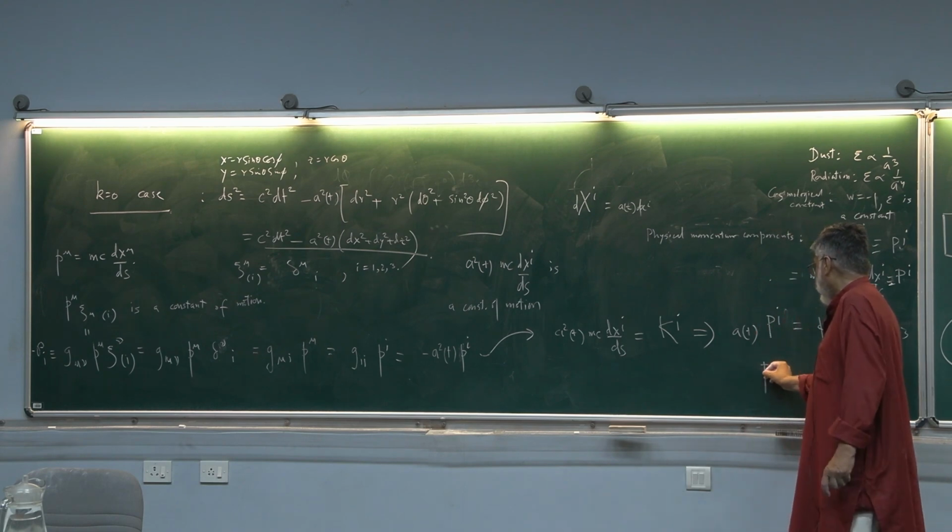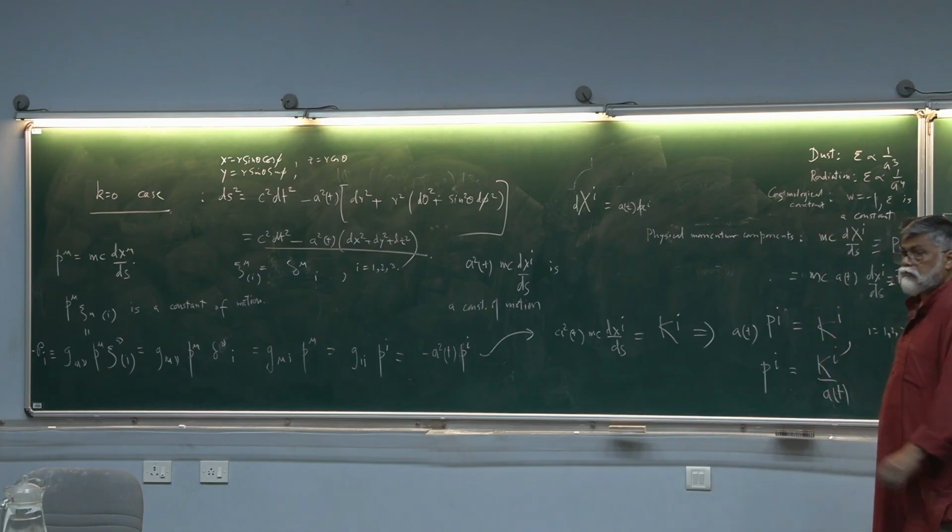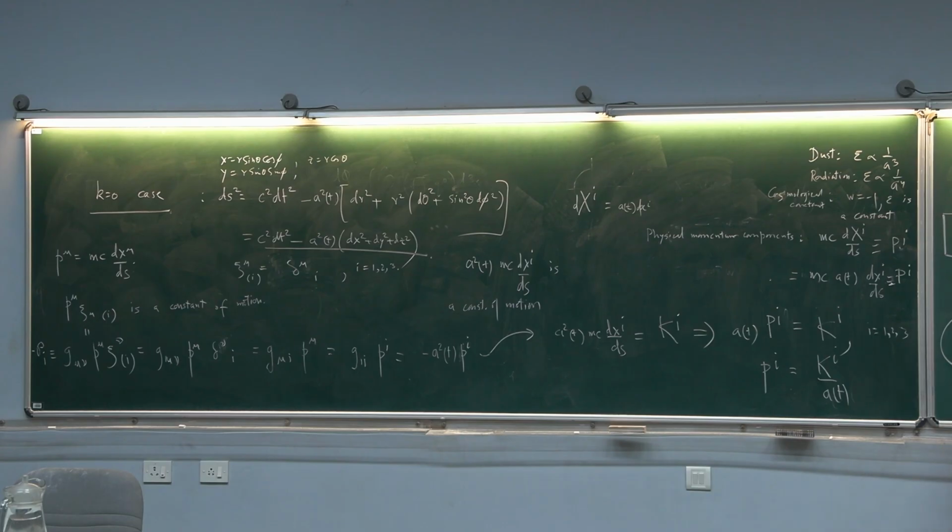So this immediately tells me physical momentum is ki by A of t. So what we have proved from Killing vector analysis is that the physical momentum of particles moving in an expanding universe goes down as 1 over A of t.